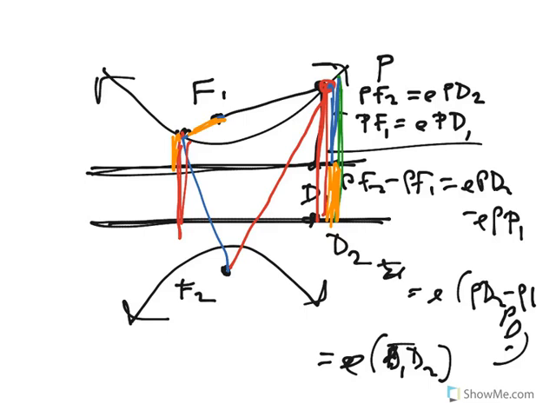Either way, when I subtract them, I would get the same thing in the middle. So D1, D2 is a constant. And I'm going to add a new variable here: if I throw in the center of this entire hyperbola, I'll call this little distance from the center to the directrix lowercase d, so that will be lowercase d also, and D1, D2 equals 2 lowercase d.